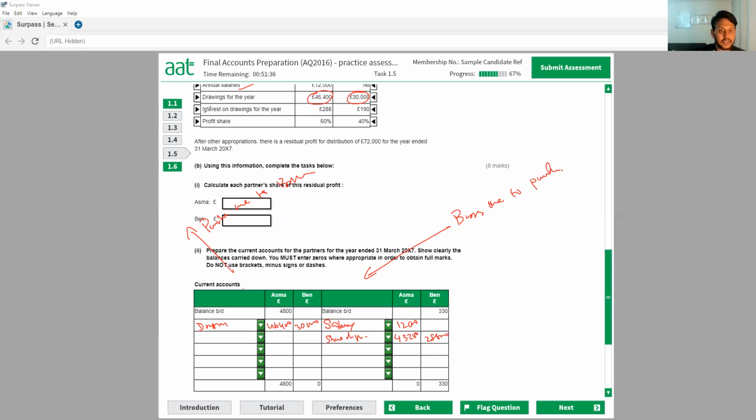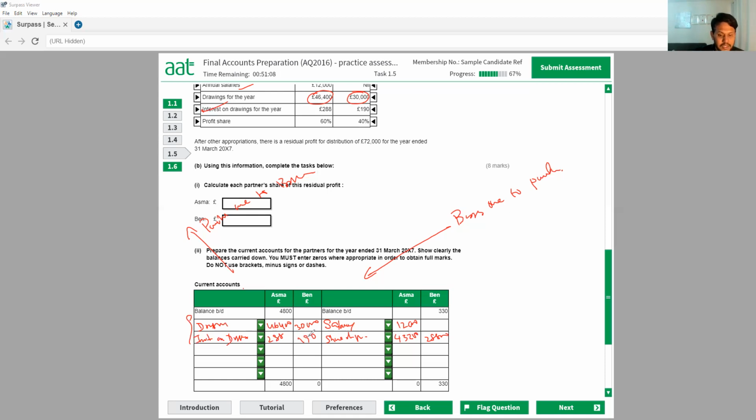And interest on drawings, 288 and 190, because they have to pay interest on drawings as well. So only the drawings and the interest on drawings will come on the debit side of the current account, and the rest will go to the credit side of the current account.